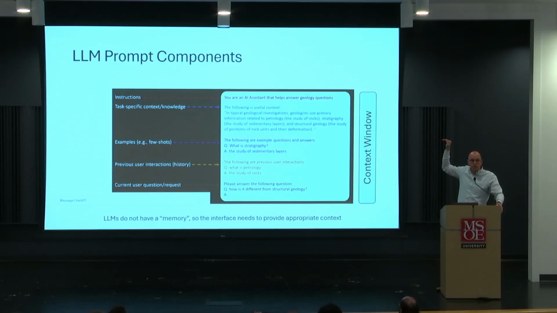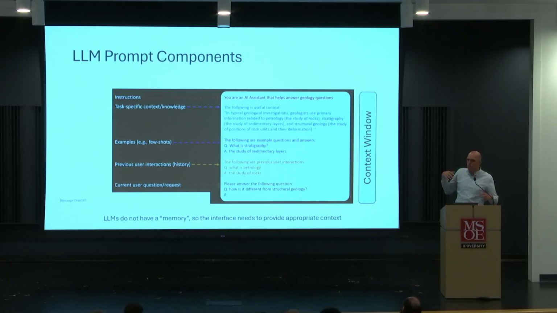There are core instructions that are appended to every single LLM call. There's some content knowledge. There might be a few shots, a few examples of things. You might have chat history in there, and a bunch of other things that can exist in this context window. If you're not explicitly setting the context, it's being done for you.